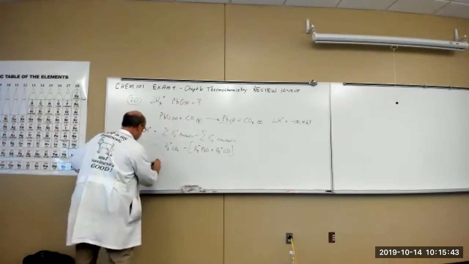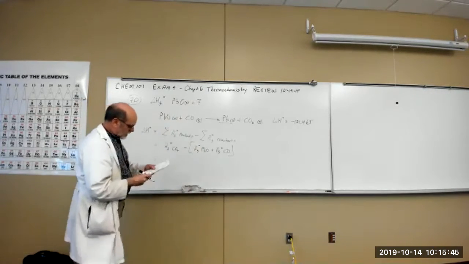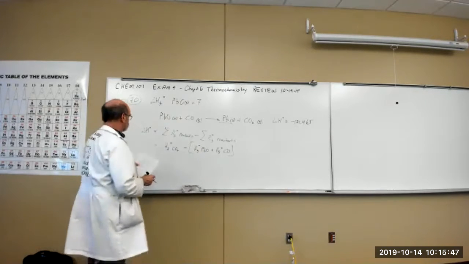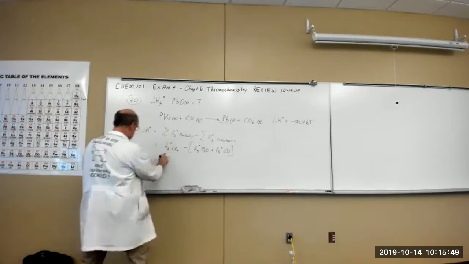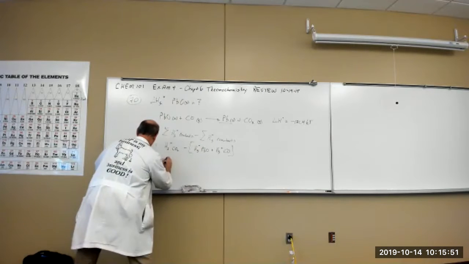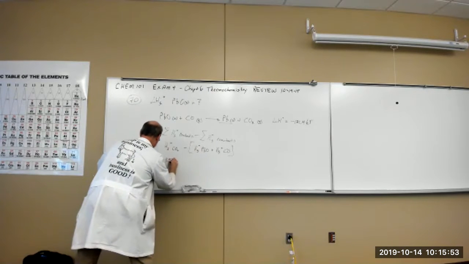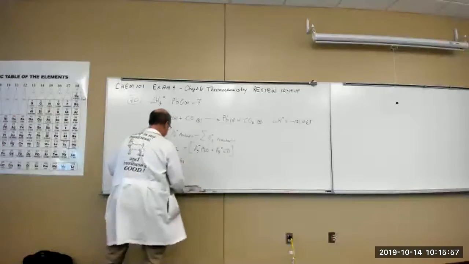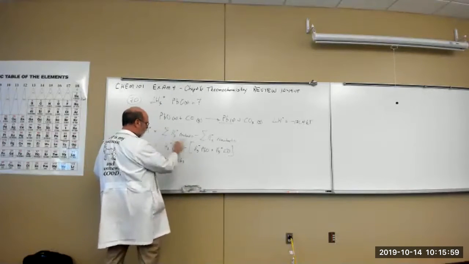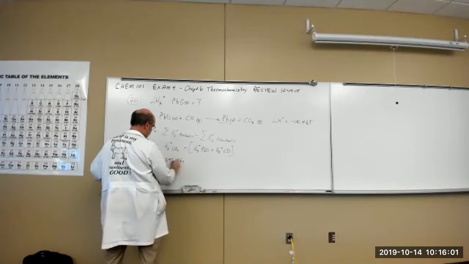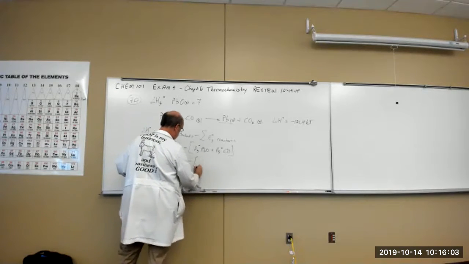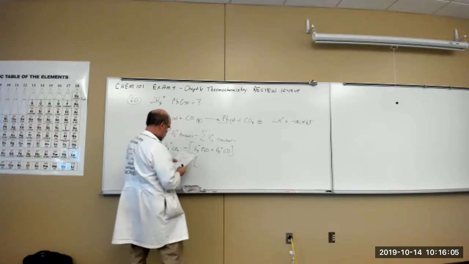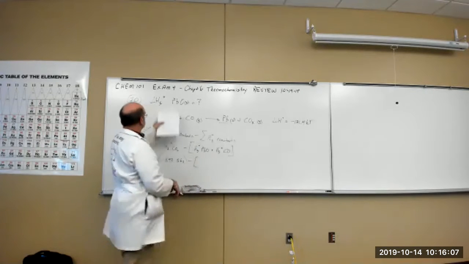All right, so now we're given the heat of formation of CO2 here is minus 393.5 kilojoules. And since they're all 1 mole, I'm only going to put kilojoules in there. For PbO, well, that's the question, isn't it?